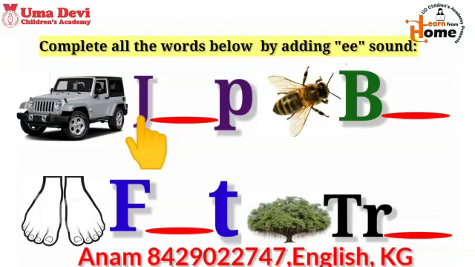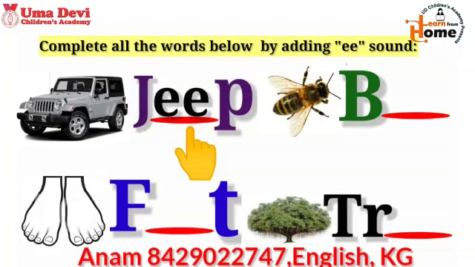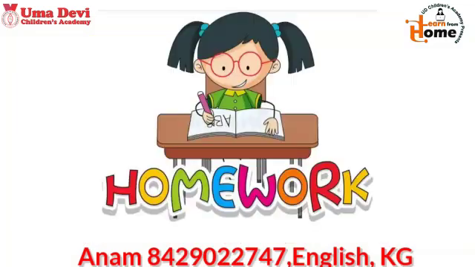J. J, E, P. After J, we are getting E long sound. So we will write here double E. J, E, E, P. Jeep. So children, in this way you will complete this work on your own.